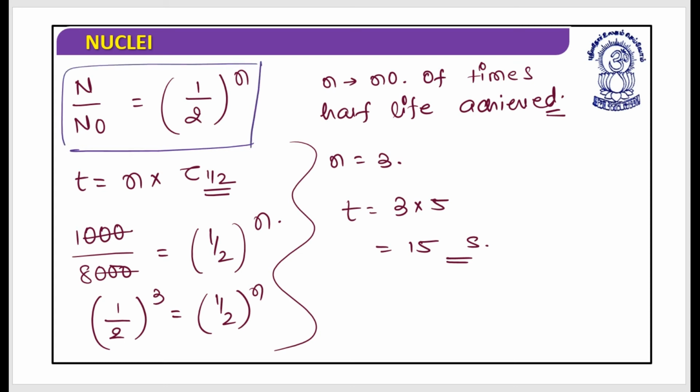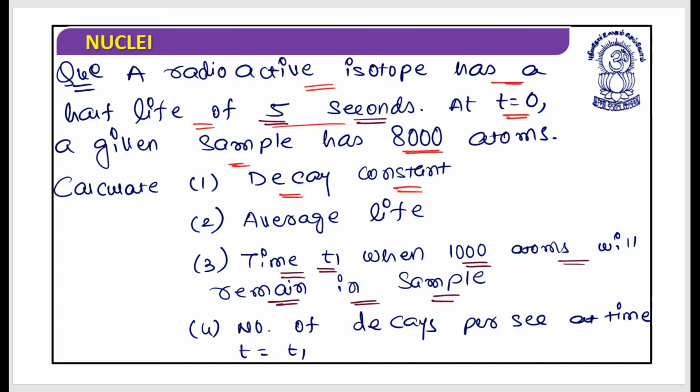Please do remember this. This is a very helpful relation, and with the help of this we are going to get answers very fast. So N by N naught is 1 by 2 to the power n. Now one question has remained, that is the number of decays per second at the time t equals t1. So I want that.